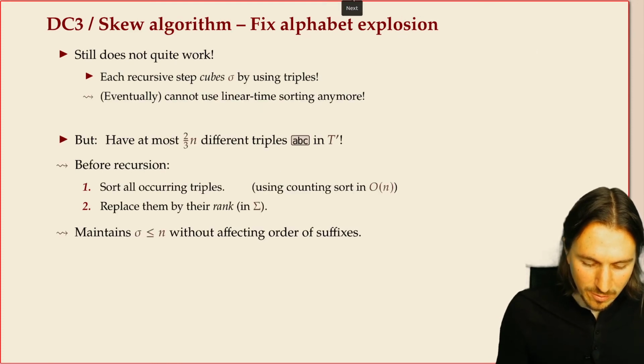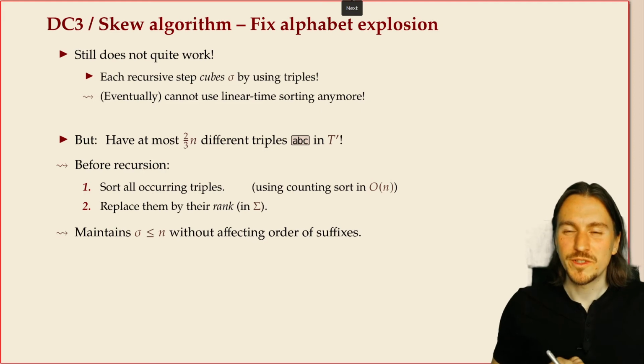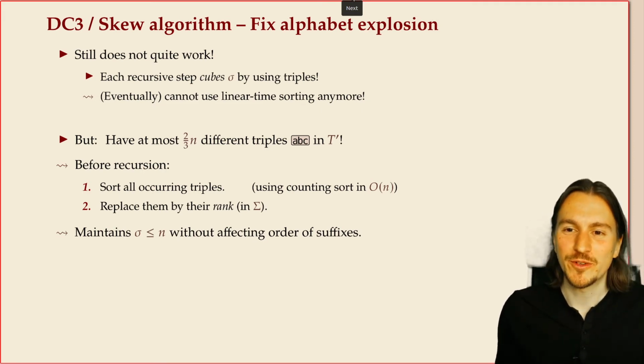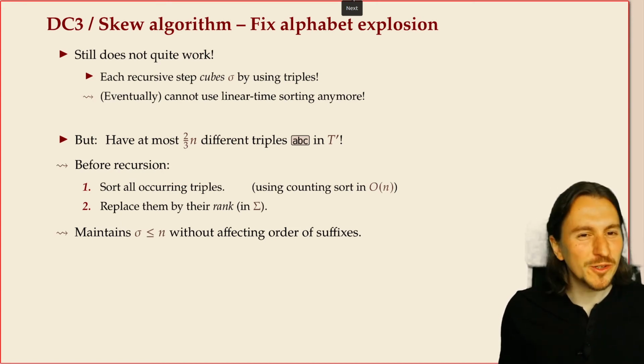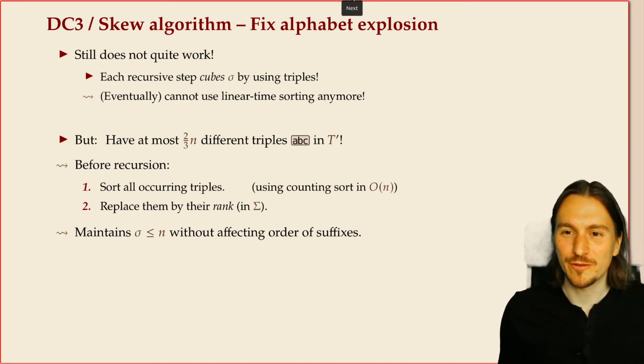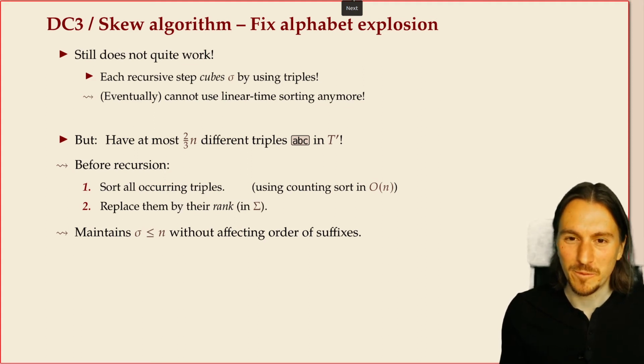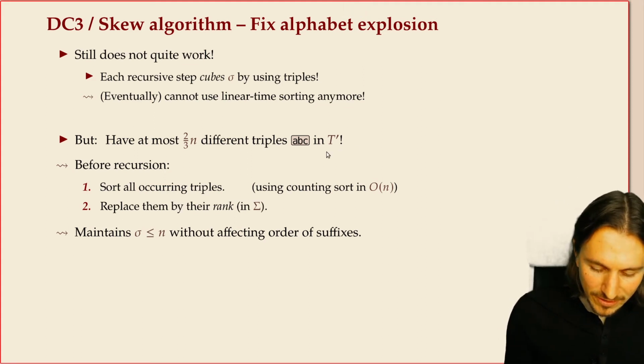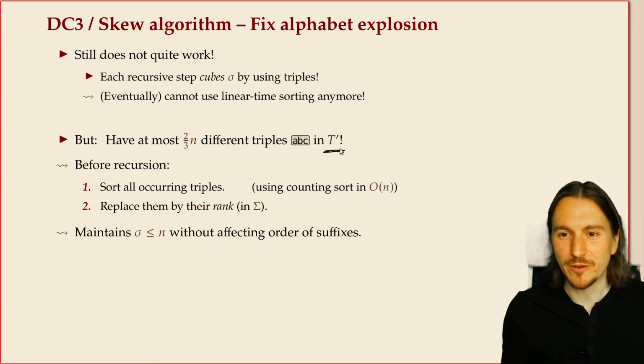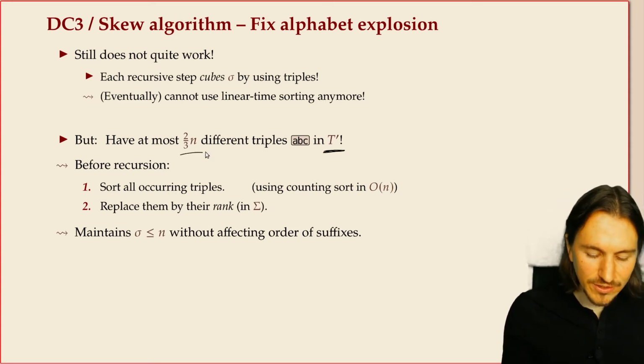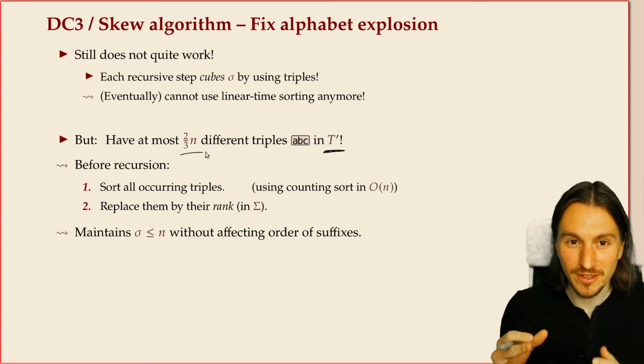So this is the problem. What's the solution for this? The solution is to observe that, yes, the alphabet can become very big, but there's no way we can use all these different triples in each step. Remember, our T prime, the text that we recurse on, only has 2/3 n characters.